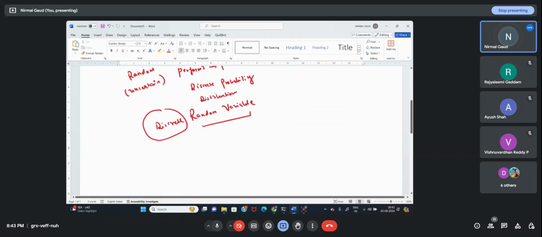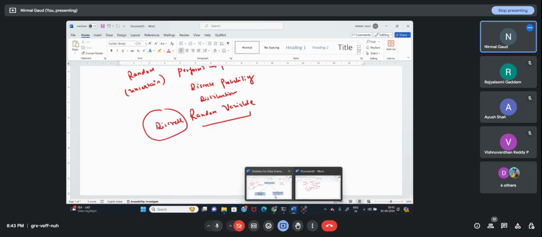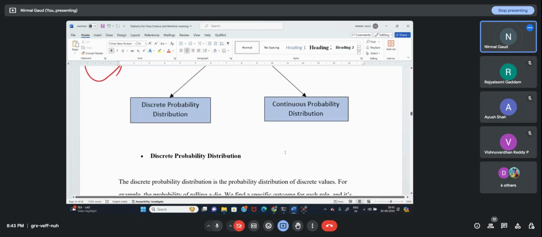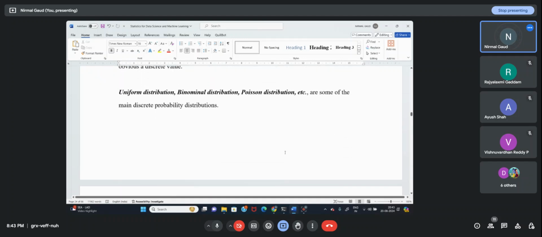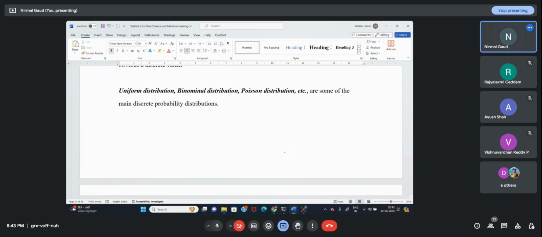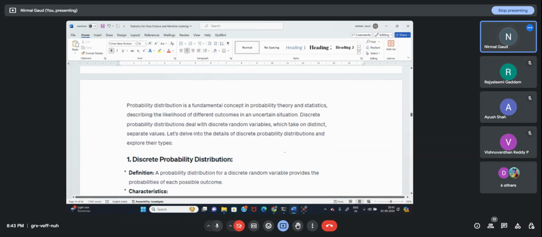So this is probability distribution, for discrete and continuous. We have uniform distribution, binomial distribution, Poisson distribution, Bernoulli distribution. All these are discrete probability distributions.